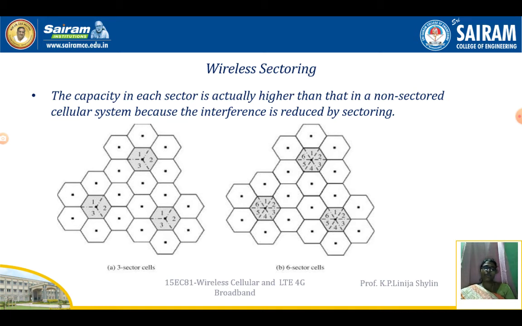For sectoring, we place a number of directional antennas. One cell usually covers 360 degrees, and this is divided into 3 regions. In the diagram of a 3 sector cell, we divide it into 1, 2, 3, so we can place 120 degrees each. 120 degrees times 3 is 360 degrees.